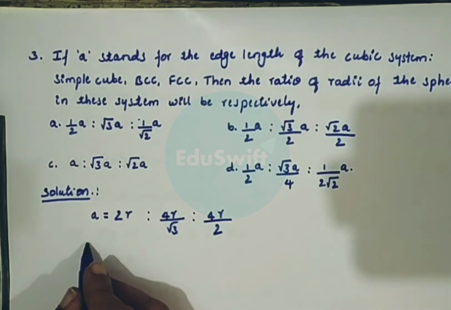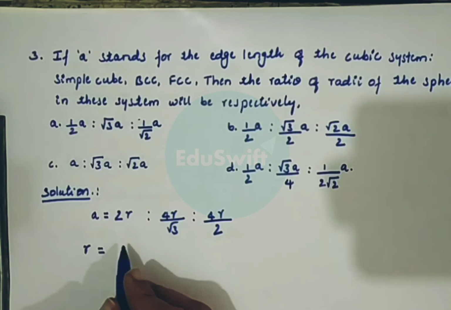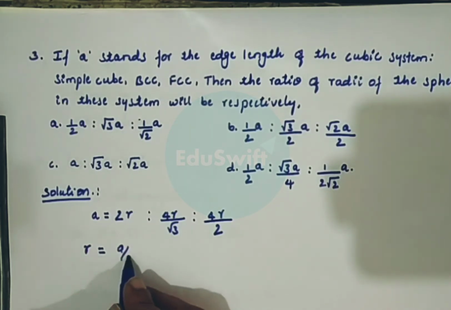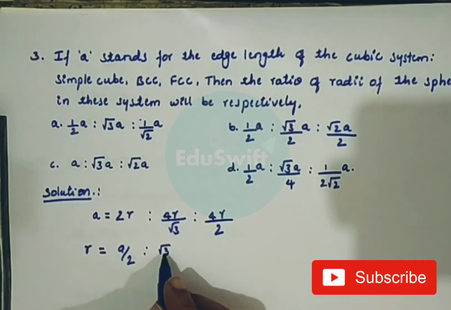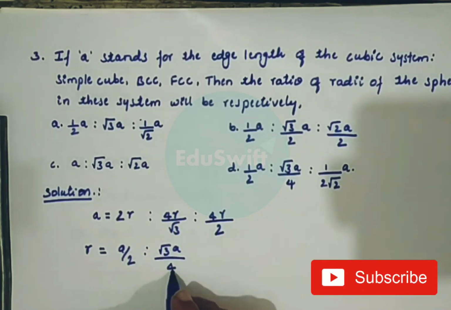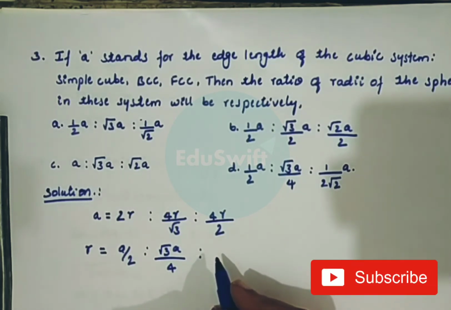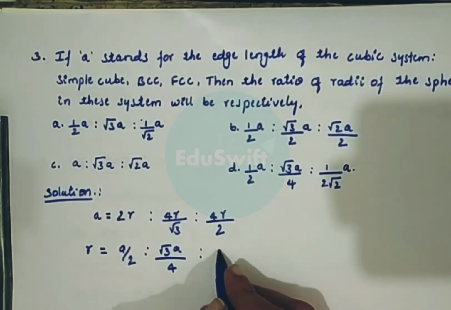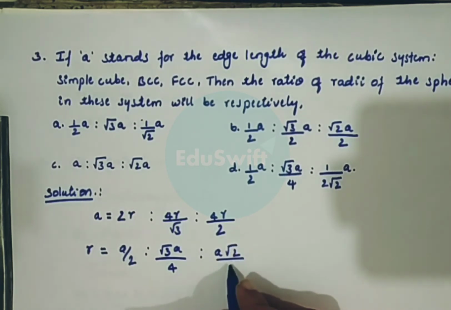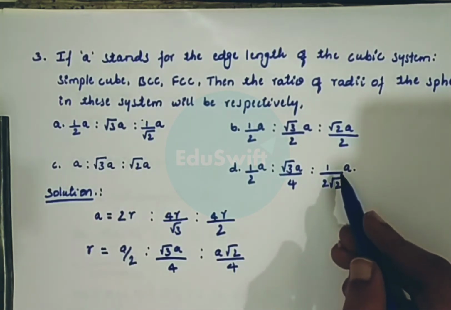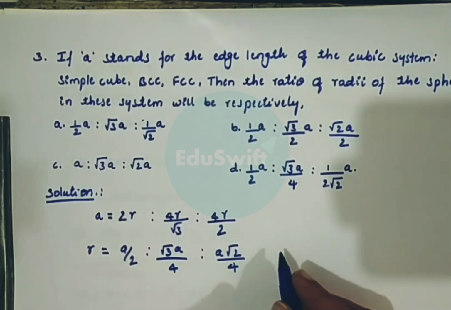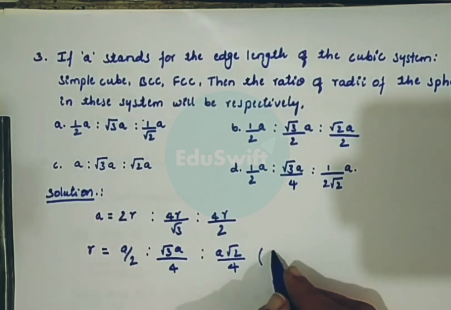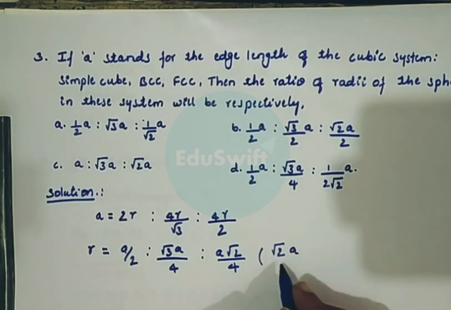Now we will write it for r. In case of simple cube, it becomes a by 2. For BCC, if we rearrange it, it becomes root 3a divided by 4. And for FCC, it is 4r by root 2, equals a, so r value becomes a root 2 by 4. We'll simplify this: a into root 2 over 4. The denominator, we can write it as 2 into 2.